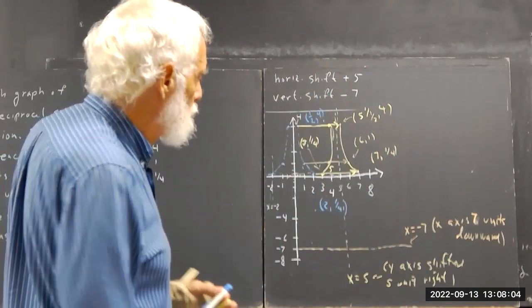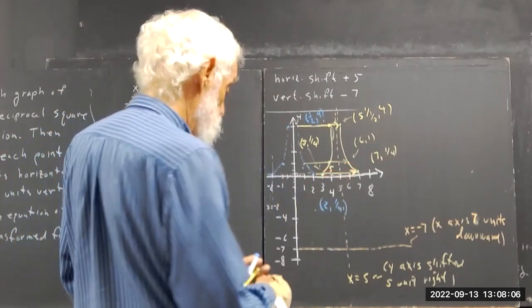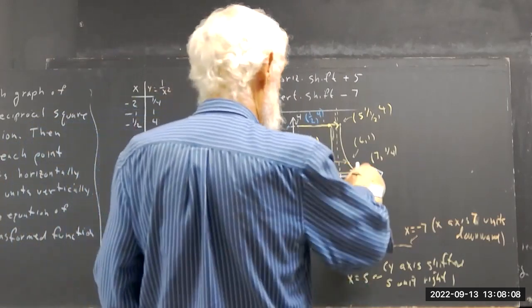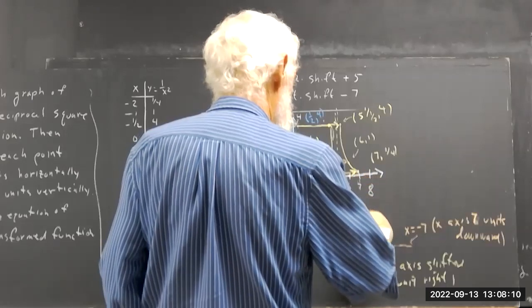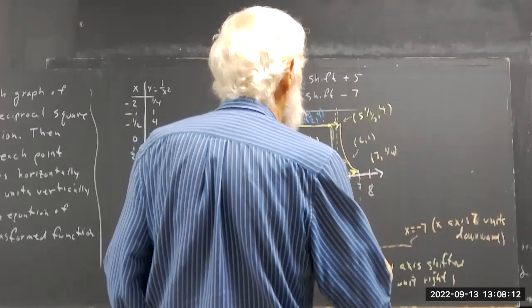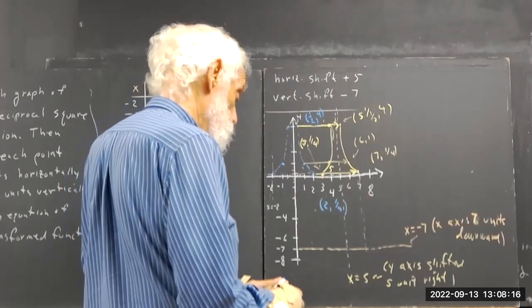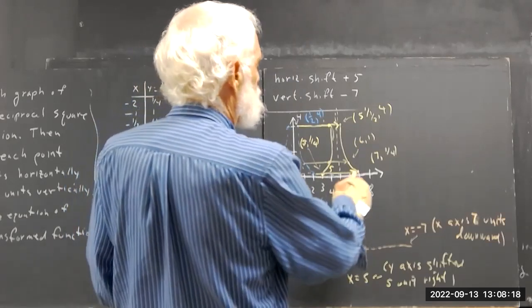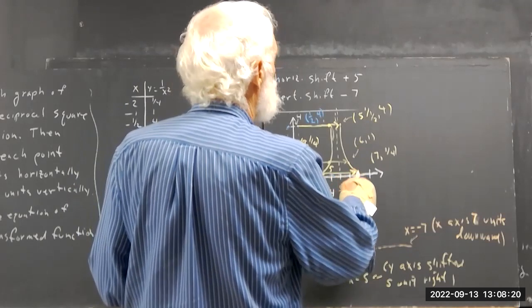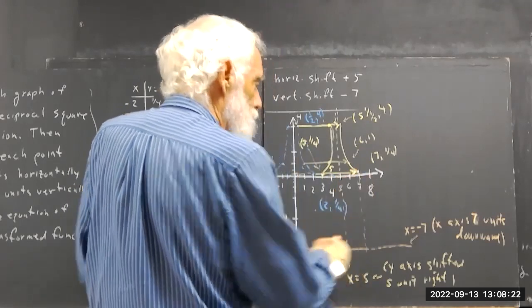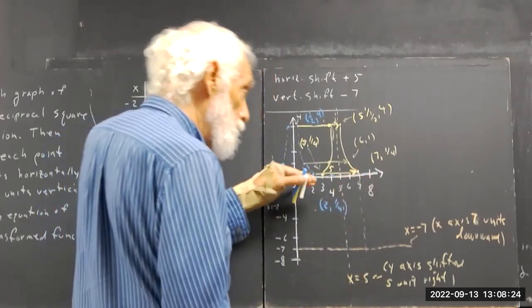Okay, so now it's going to be pretty easy to locate this point. This y coordinate isn't going to change. The x coordinate is not going to change. It's still going to be 7. It's going to be on this vertical line through x equals 7. And it's a 1/4 of a unit above the x-axis.